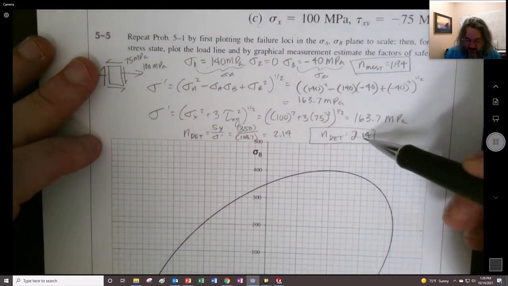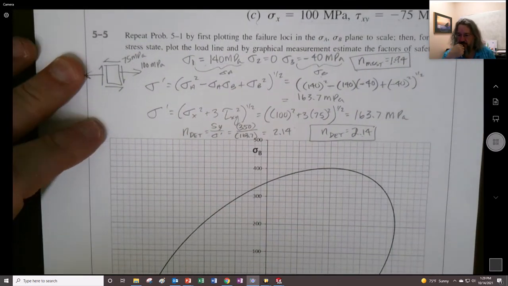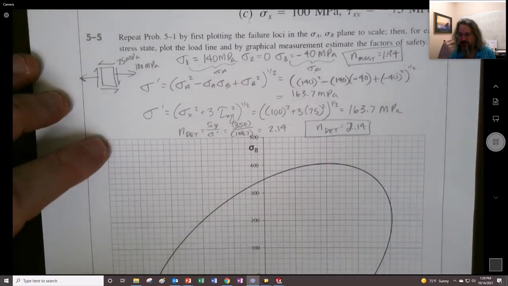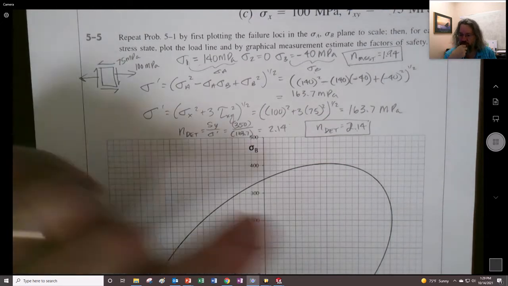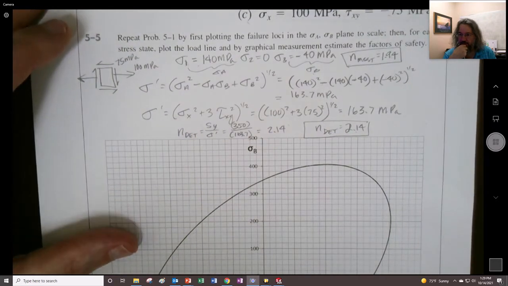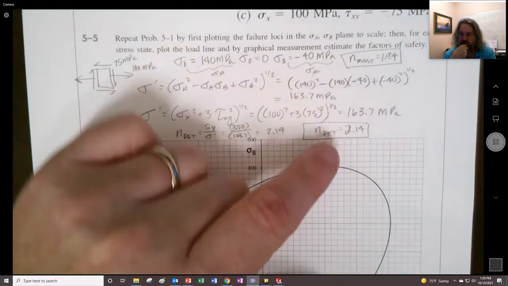You can see this one is larger than that one, and I start to think about what that means. Having a smaller safety factor means we have less margin, all right? So that means that we're closer to failure, according to it, than we are to the other, right? So what we often say is that this will be more conservative than this.